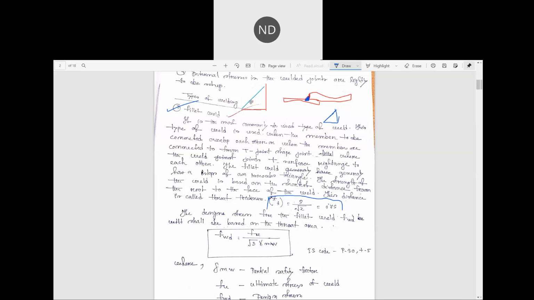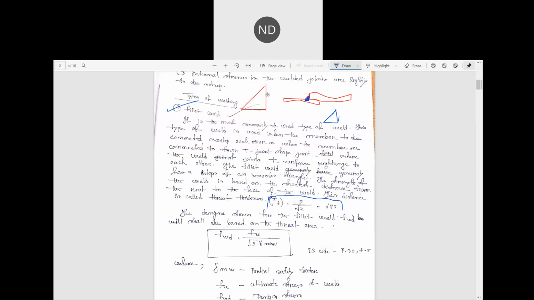This is your isosceles triangle. So you will have the shortest distance, which is the strength of the weld.